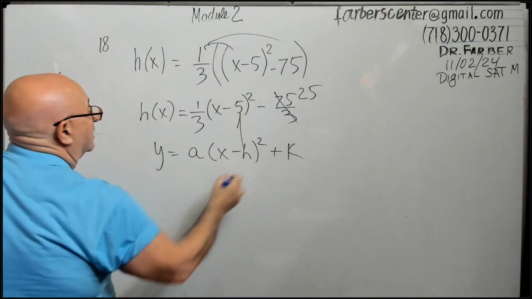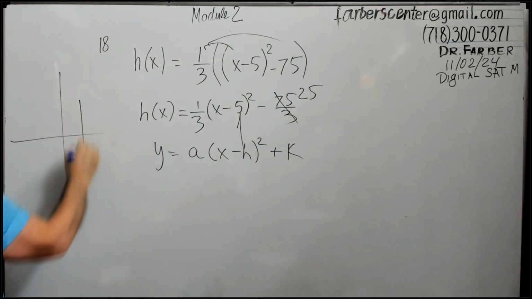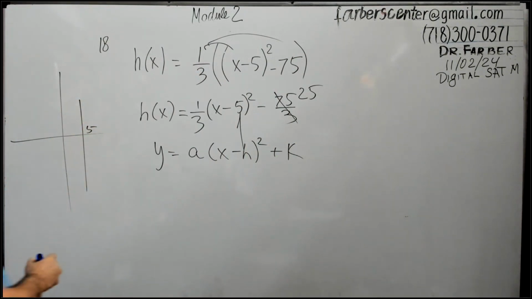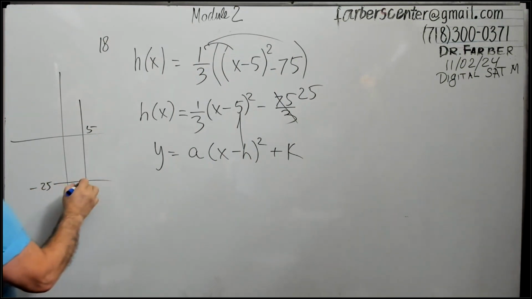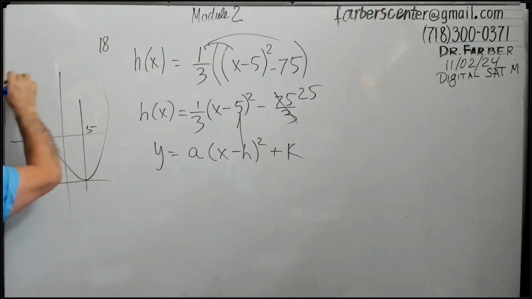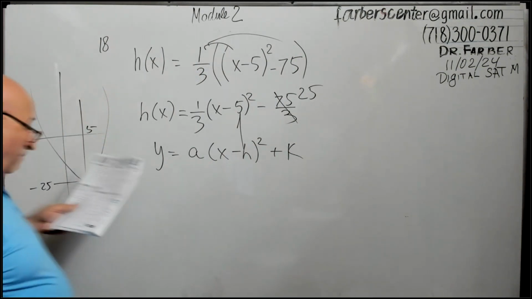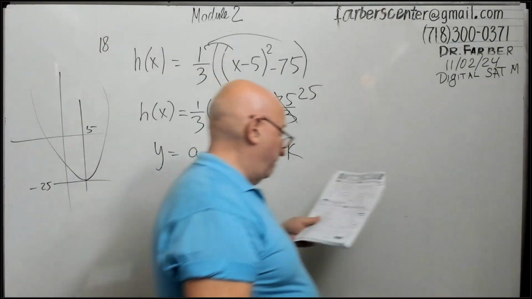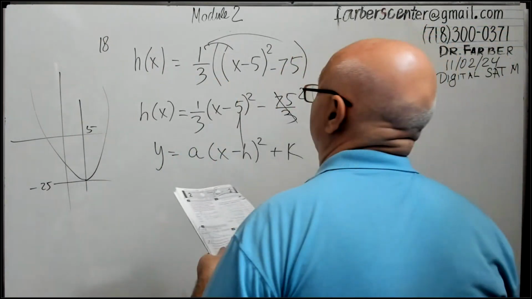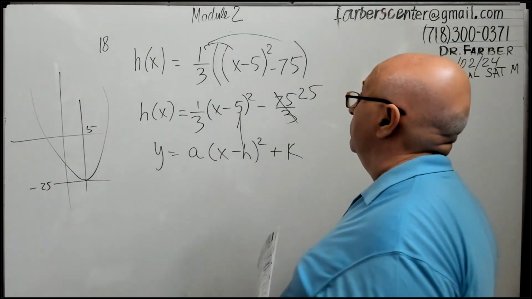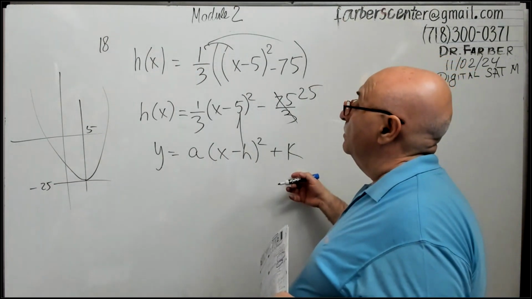This is 5, and this is negative 25, and it goes like this. So look at B. x equals 5 when y equals negative 25. Straightforward.